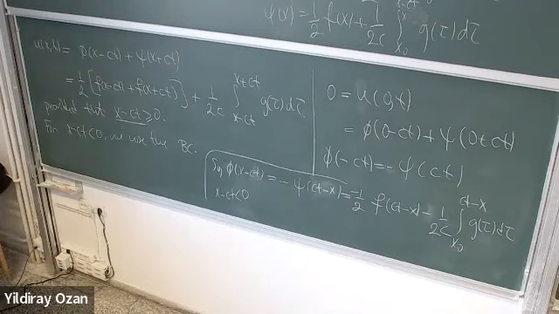So 1/2 [f(x+ct) − f(ct−x)] plus 1/(2c) times the integral from ct−x to x+ct of g(τ) dτ. This is when x minus ct is negative, or ct minus x is positive.